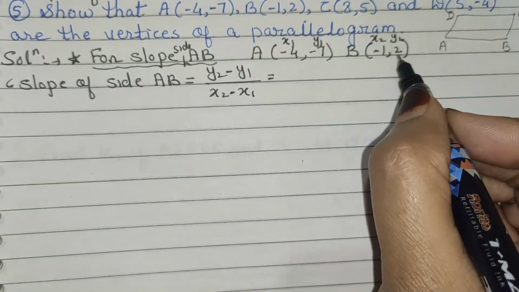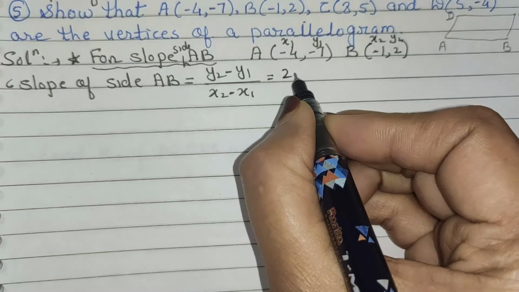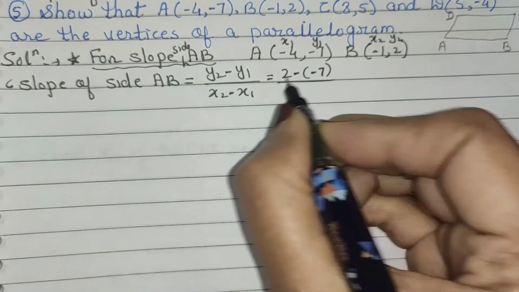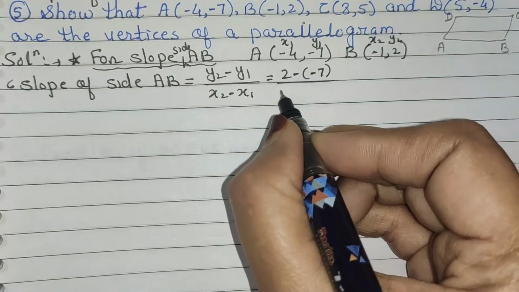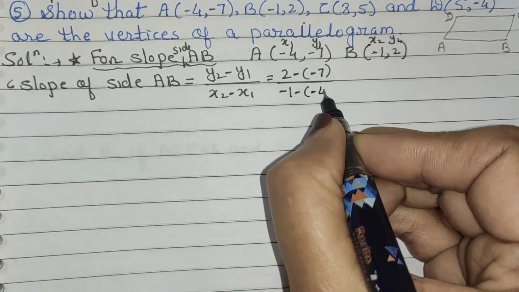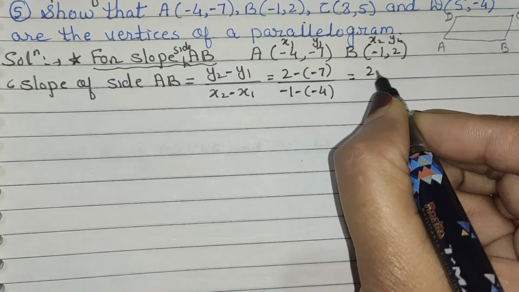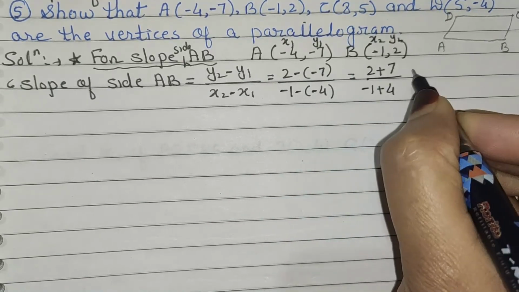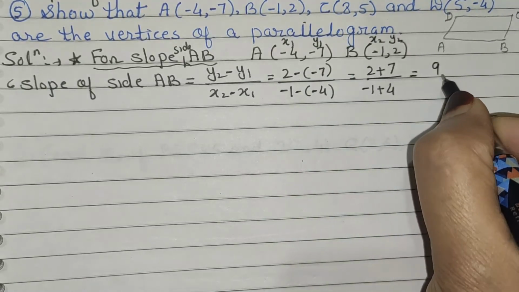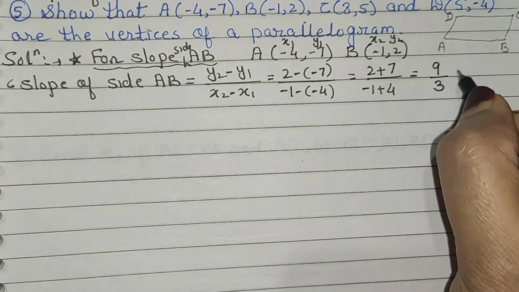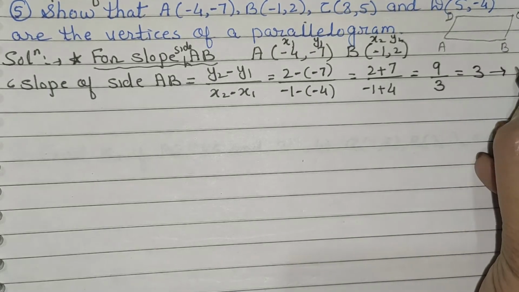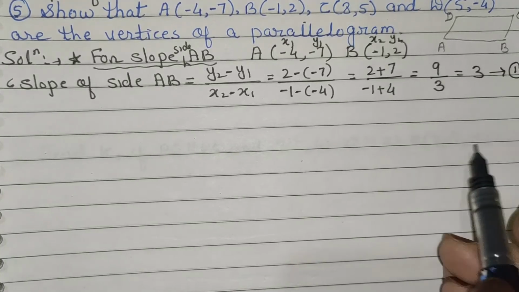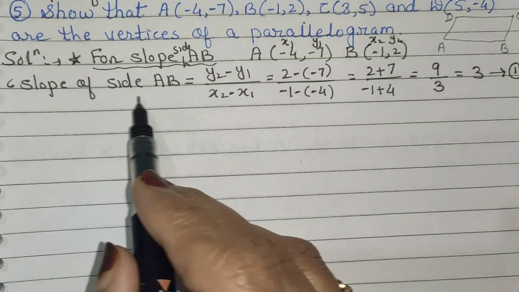Substituting the values, we get here 2 minus of minus 7 upon minus 1 minus of minus 4. Solving, we get 2 plus 7 upon minus 1 plus 4 is equal to 9 upon 3. 3 3s are 9 means 3. Give it equation number 1. It is slope of side AB.